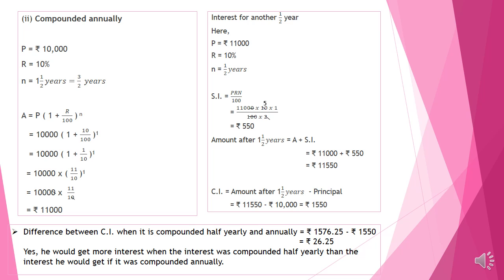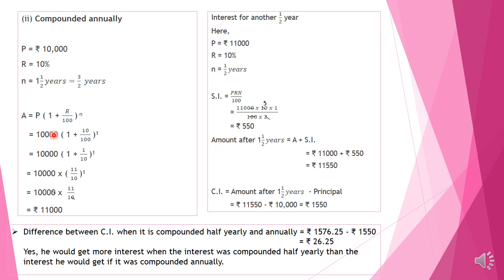Like this question we have done already in the last session. So let us use the formula. A is equal to P into 1 plus R by 100 raised to n. Here n we have to take first 1. Okay, for the first year.